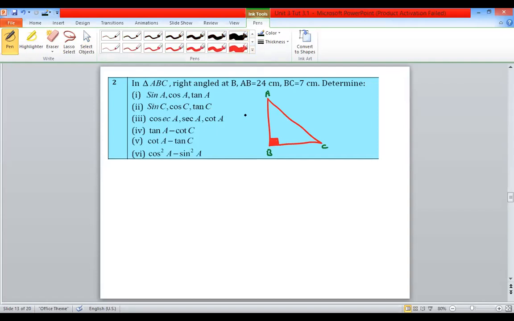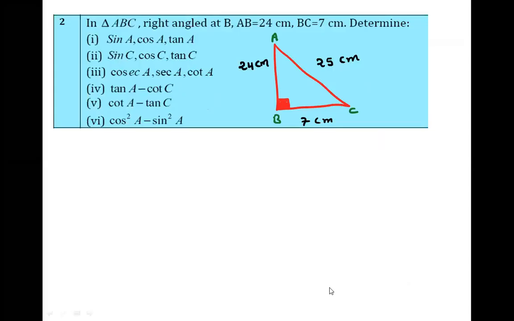AB is given 24 centimeter. BC is given 7 centimeter. AC you can find by the Pythagoras. It is 25 centimeter. Now you can find the remaining: sin A, cos A, and tan A. And the ten meter value.